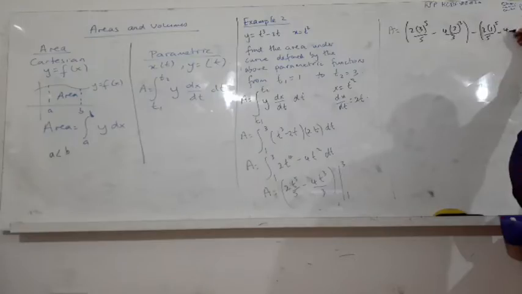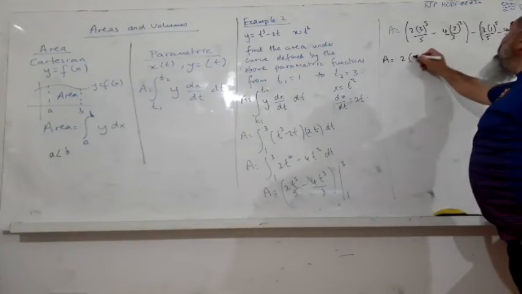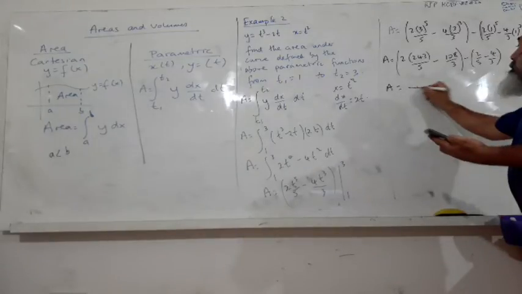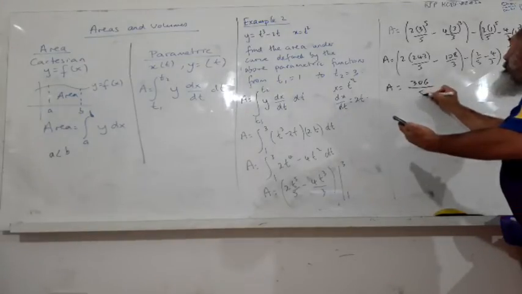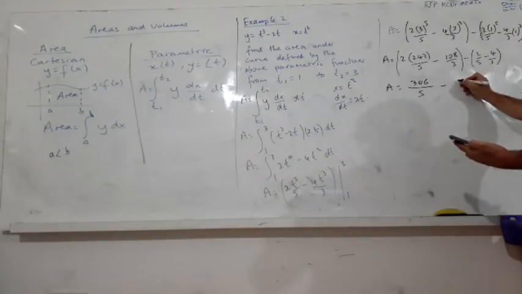So area is going to be 2 times 243 over 5 minus ... 14 over 15.